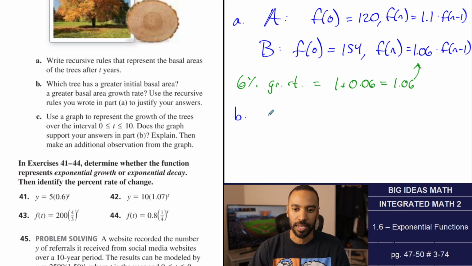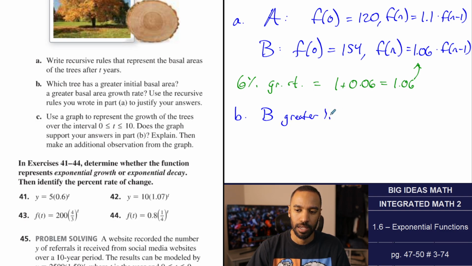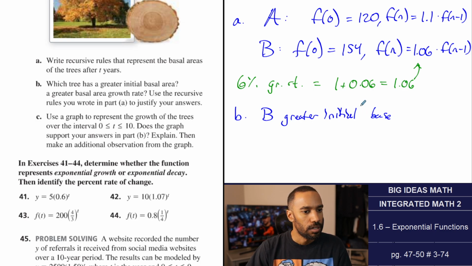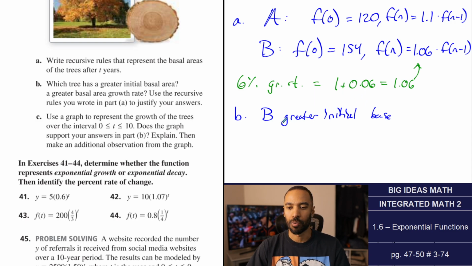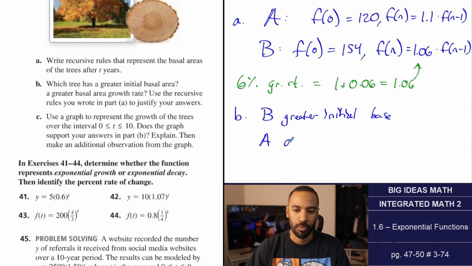Part B, which tree has a greater initial basal area? That would be tree B. Which has a greater basal area growth rate? That's A. It is 1.1 versus 1.06.